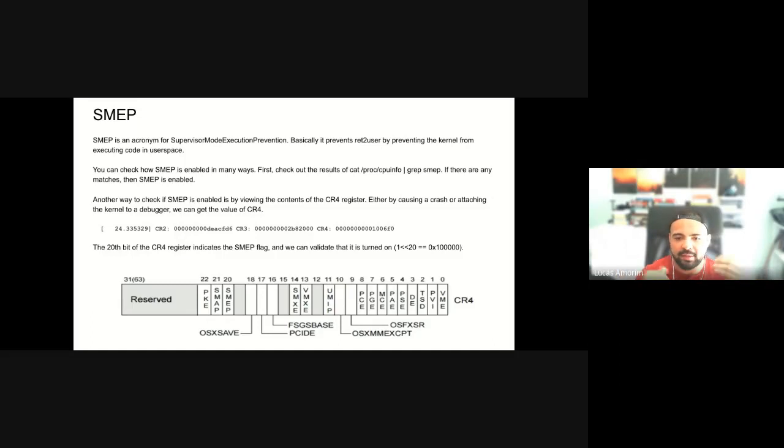And the way it does this is by checking the CR4 register. So it checks if one of the bits, the SMEP bit in the training position, is set. If it is set, it means it's running in kernel space. That way SMEP is enabled, and then you cannot invoke a function in user space.